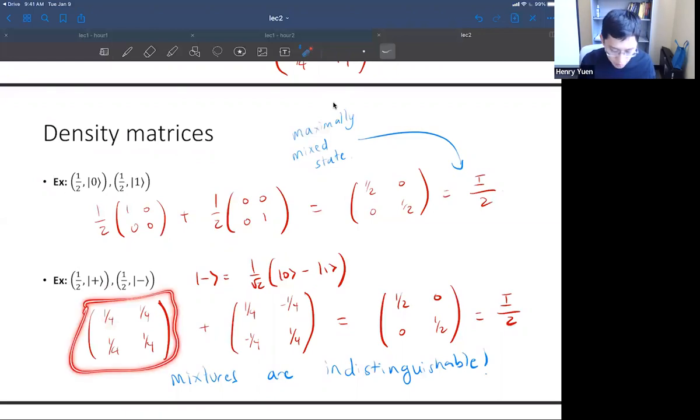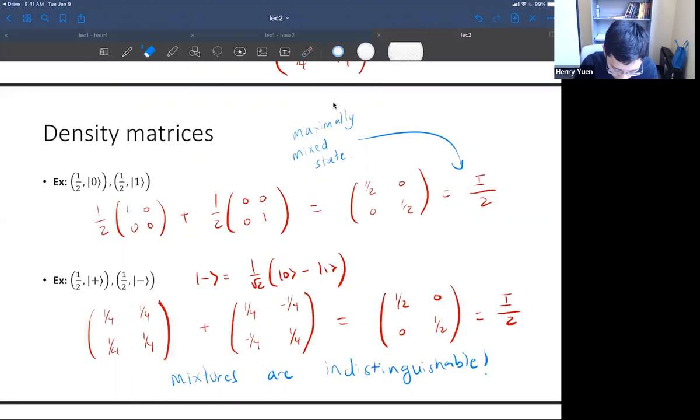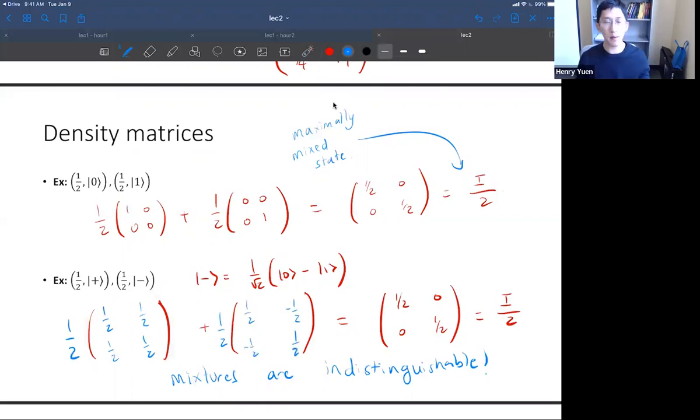This is not a valid density matrix because it does not have trace one. That's because I've already multiplied in this probability 1/2 in front. Okay, to make things clear, it's the same numbers, but I've just factored out the 1/2.